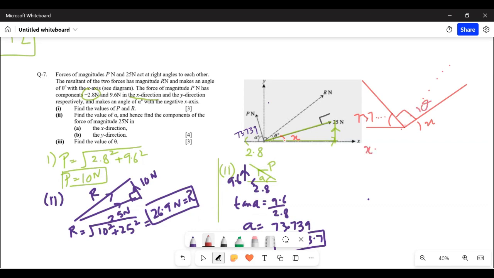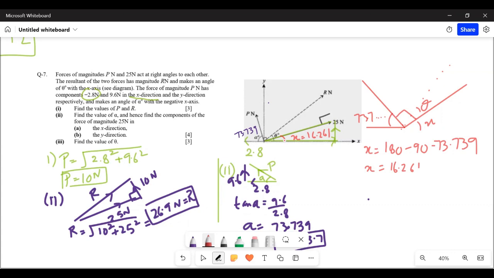So x is going to be 180 minus 90 minus 73.739, which comes out to be 16.261. So this small angle is 16.261.